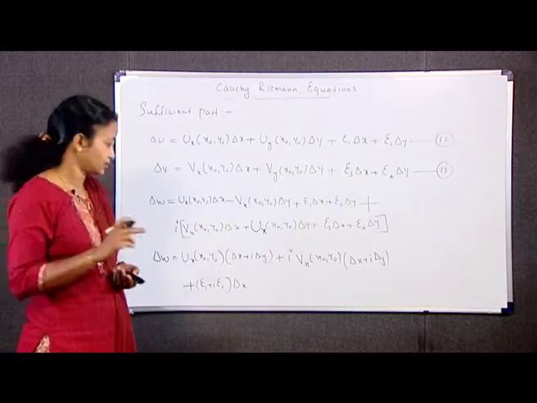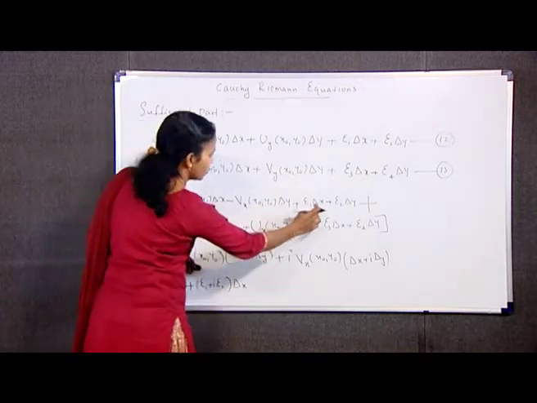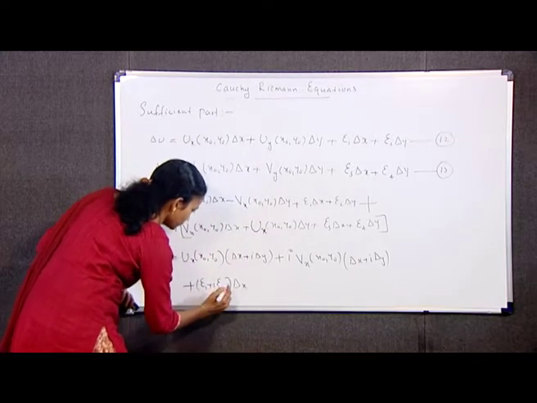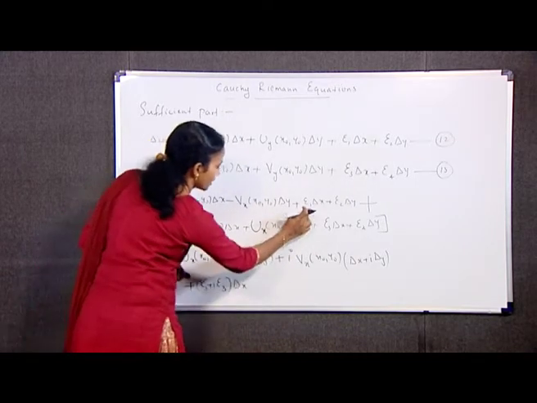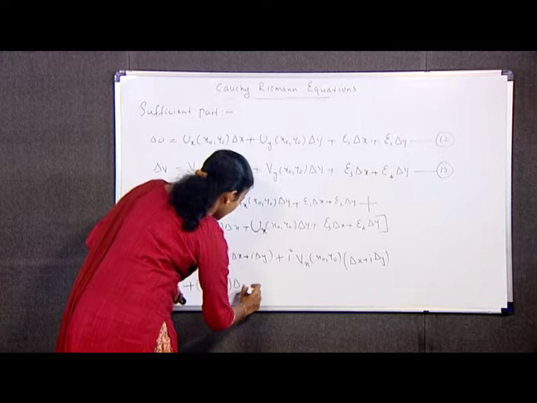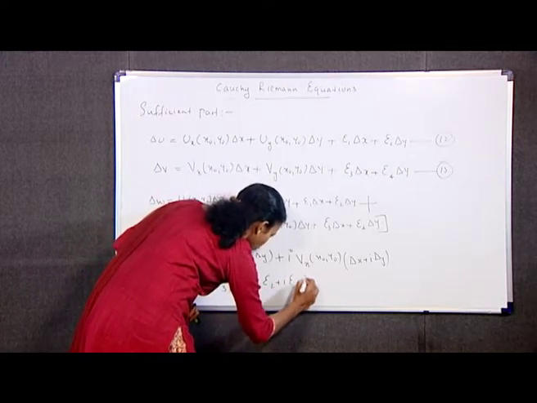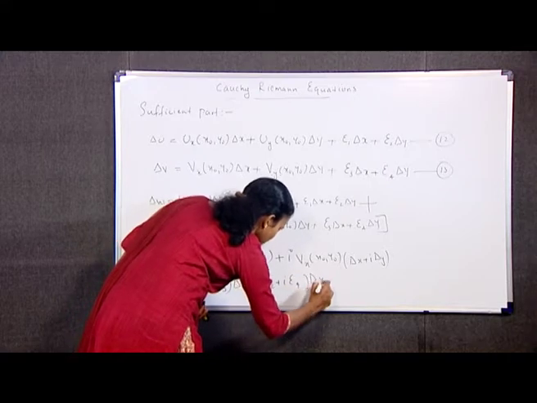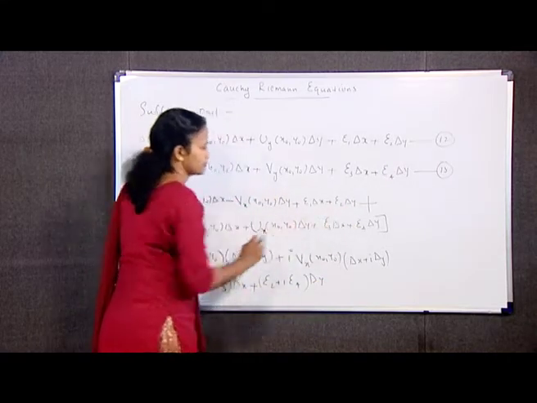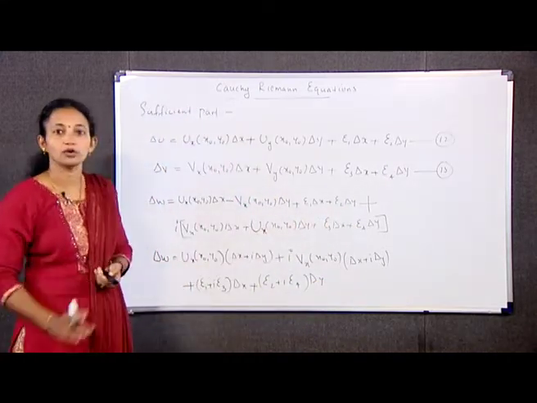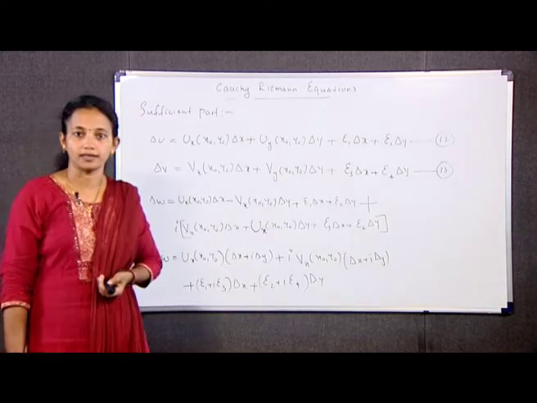For delta x we have epsilon 1 and epsilon 3, plus epsilon 2 plus i epsilon 4 into delta y, by combining this and this.